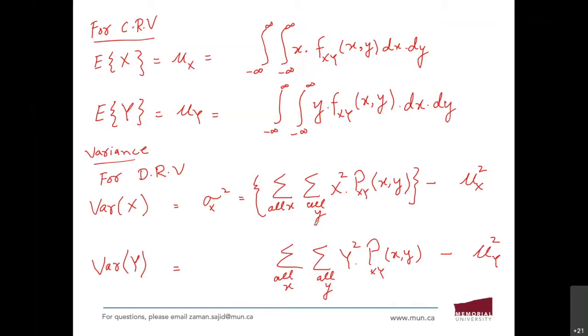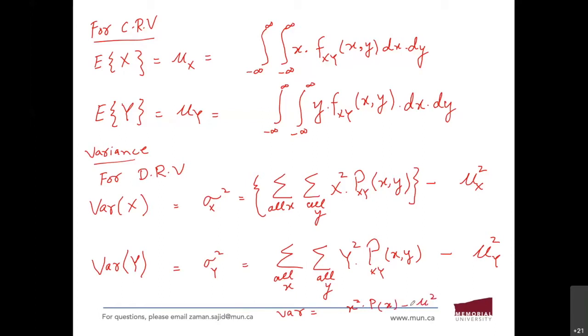Now these formulas of the variance are the same formulas as we were discussing before. If you recall from our previous lectures, that was the x square times your probability values minus the mu square.